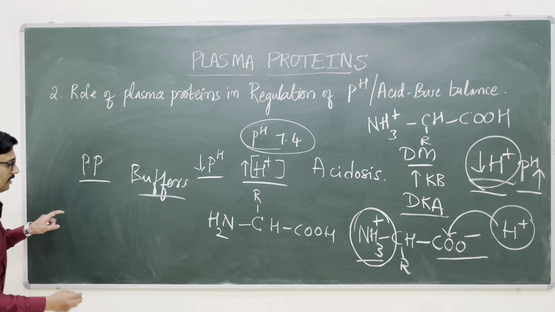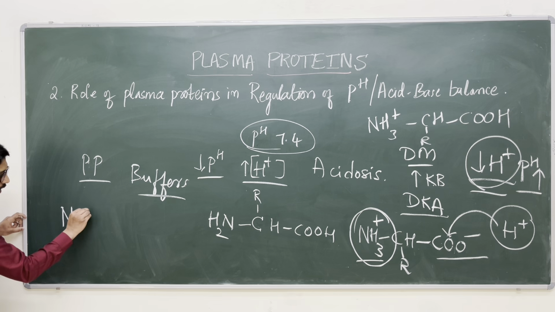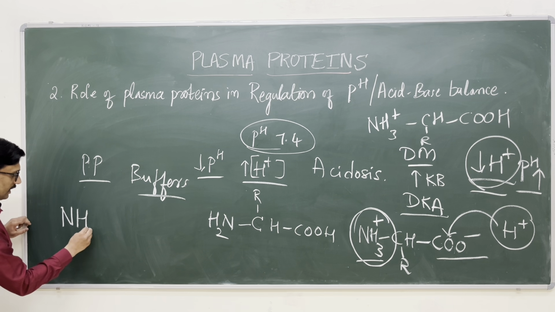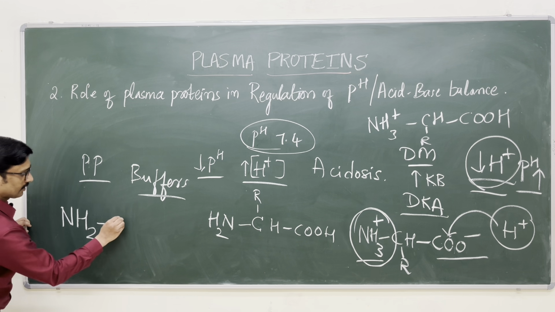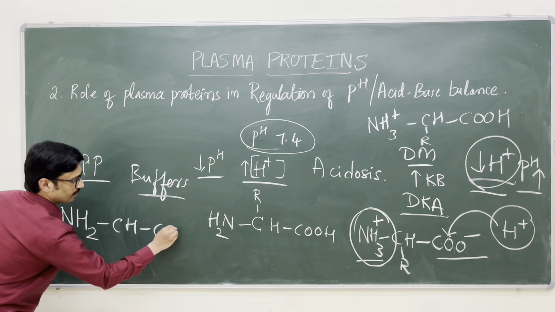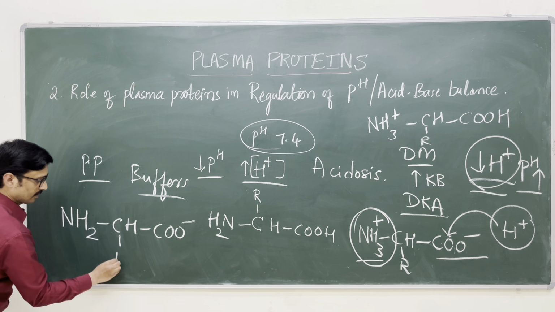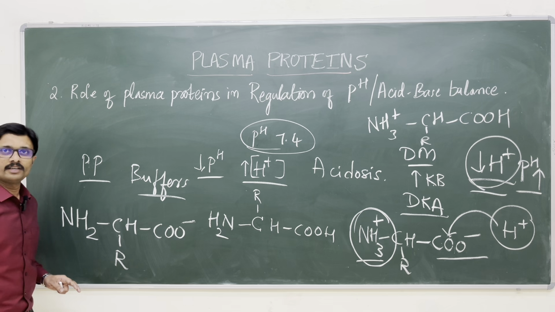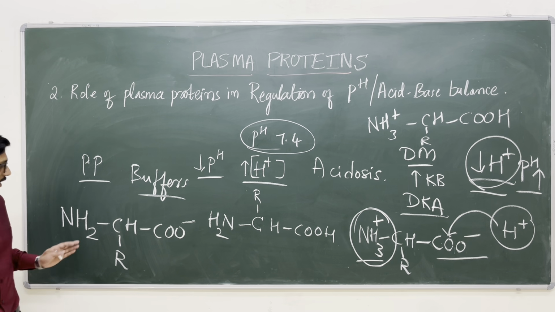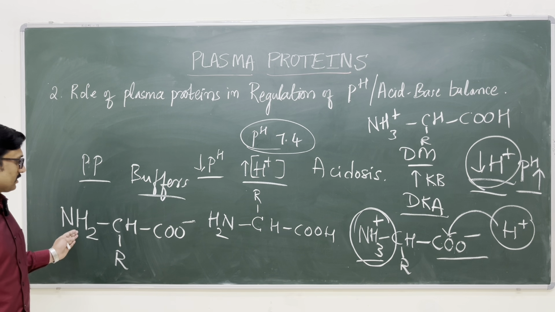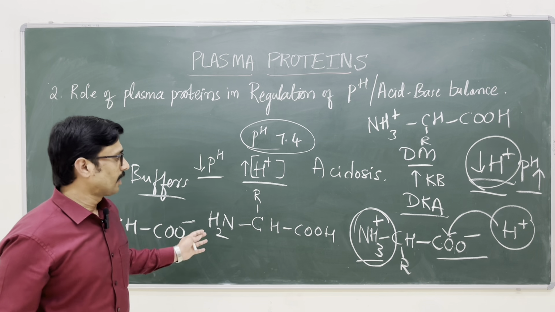So I'll write it here. So NH3, after giving one hydrogen ion, will become NH2, and this will be the structure of a protein monomer when one hydrogen ion is released from the amino acid.